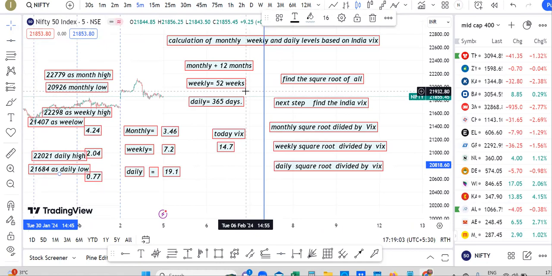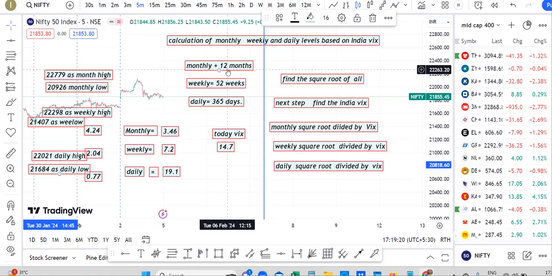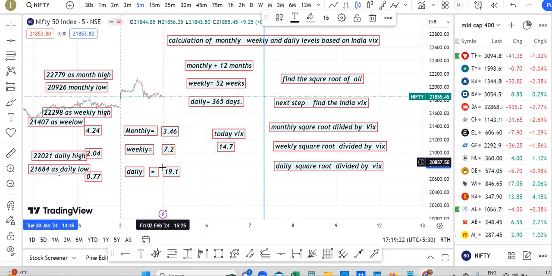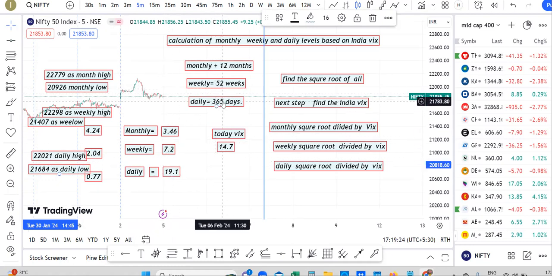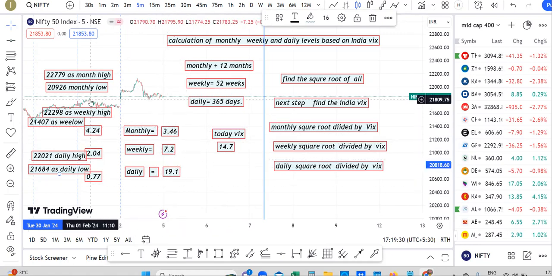So this is how you need to calculate the monthly, weekly, and daily levels based on the India VIX. So you write down, take the screenshot, write down everything. These values will be constant because these are the square root of 12 months, square root of 52 weeks, and square root of 365 days. If you know the value, you can extrapolate.